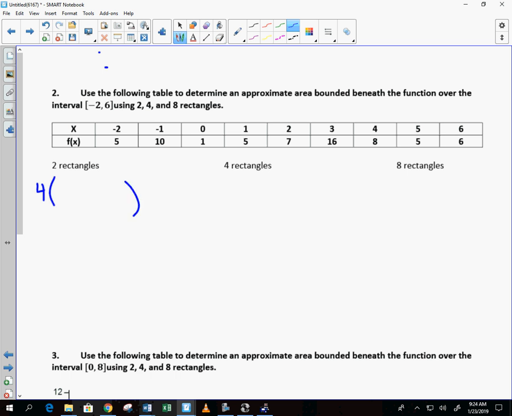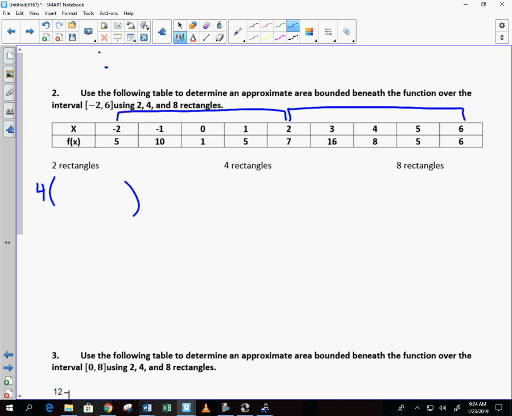What I have to do is then evaluate the heights. So we're going to break this interval up into 2 rectangles. With a width of 4, I'm going to go from -2 to what? -2 to 2. That'll be 1 rectangle. And then the second rectangle will go from 2 to 6.